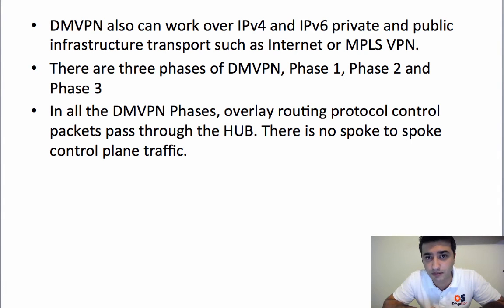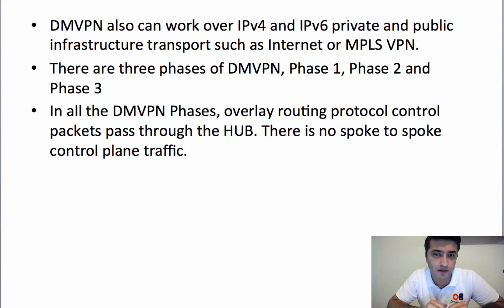DMVPN phase 2 came up. DMVPN phase 2 was the first DMVPN phase which supports spoke-to-spoke tunnels. So not only spoke to hub, which means if one spoke site needs to send traffic to another spoke site, with DMVPN phase 1, the data had to go through the hub and through the hub to another spoke.